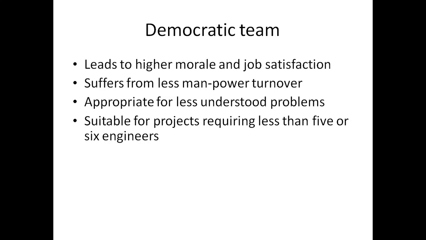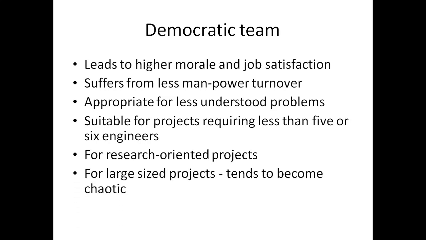So if there is a small number of developers, it will be very good. For research-oriented projects also, this democratic team will be very good. For large-size projects, it becomes chaotic, because it will be difficult to communicate among all these team members. So that is a problem with this democratic team organization.